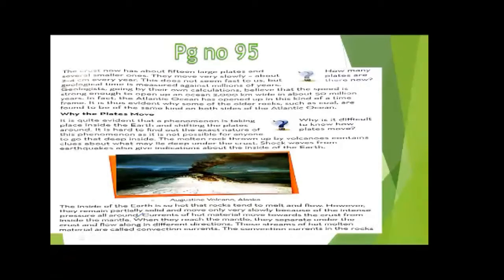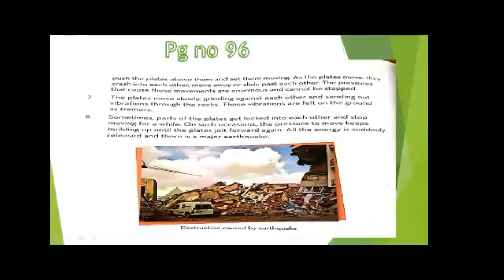These streams of hot molten material are called convection currents. The convection currents in the rock push the plates above them and set them moving. As the plates move, they crash into each other, move away, or slide past each other. The pressure that causes these movements are enormous and cannot be stopped.